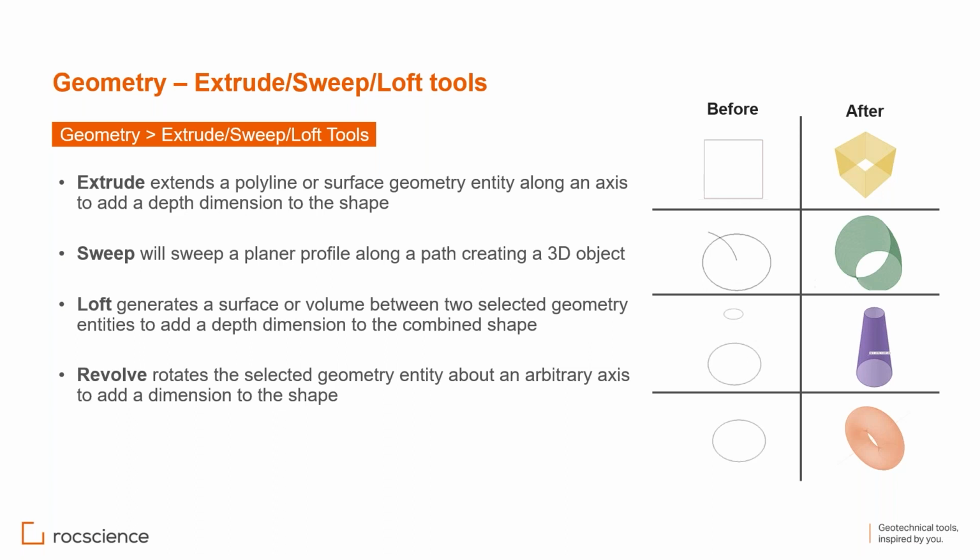But the software only focuses on the volume. So the goal is to change everything to volume. If it's a polyline or a surface, it has to be a volume at the end. These are some of the tools that we use to extrude and sweep your lines and surfaces to make them volumes.